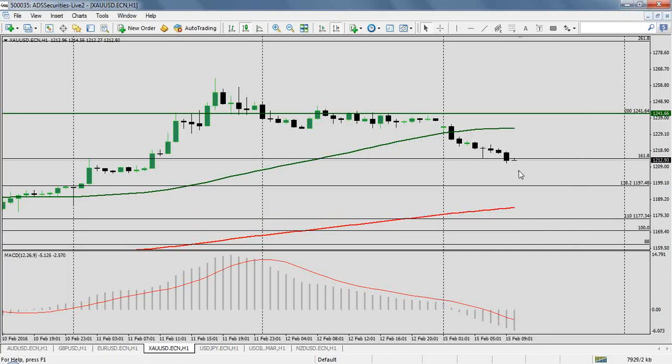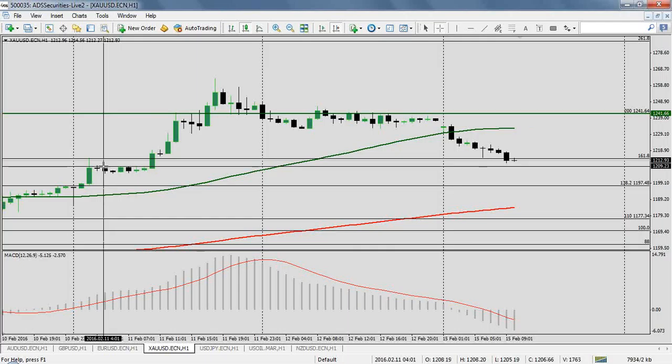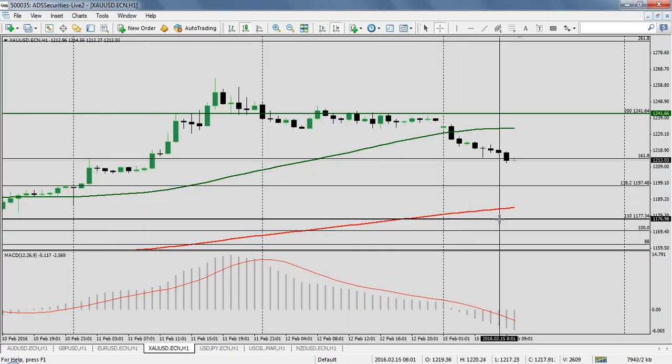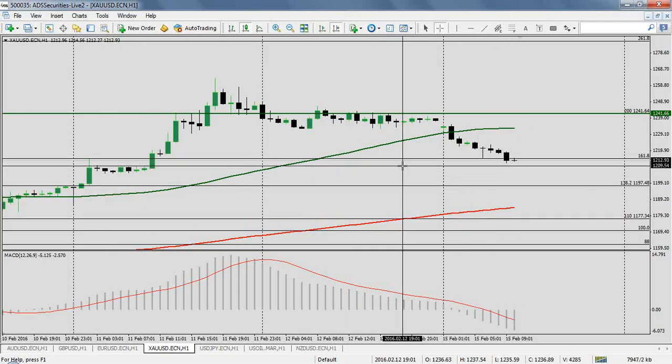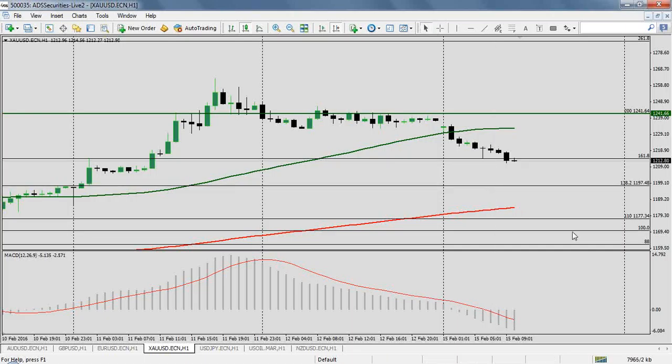So the most important levels that I have immediately, as I said, currently are at the level of 1,207, or 1,200 level to be more precise, and 1,177 level. Meanwhile, if you want a long, a break above the 1,241 level will give us further long opportunities.